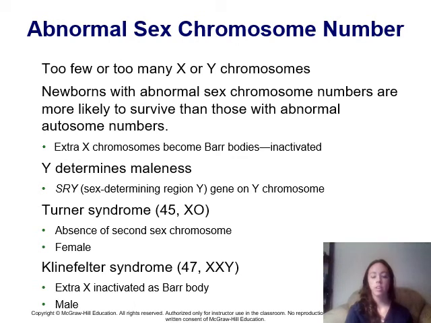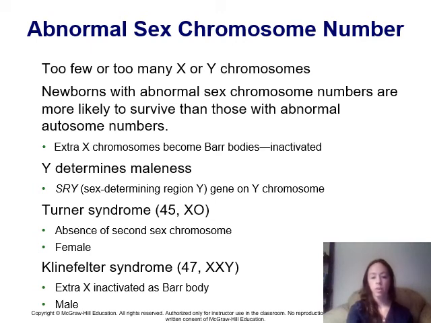This is because only 1 X chromosome is active in the cells of a person at any one time. Therefore, if the person receives an extra X chromosome, it will be inactivated in the cell, and then is called a bar body. However, if a baby only receives 1 Y chromosome, then it will not be able to survive.